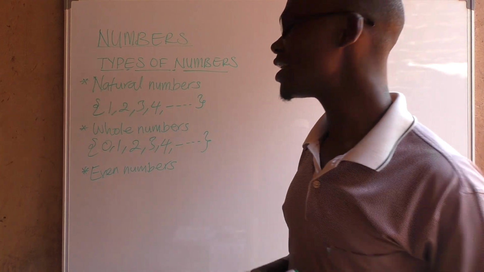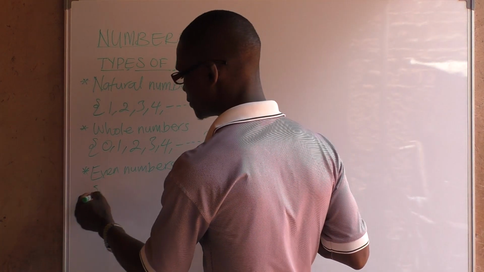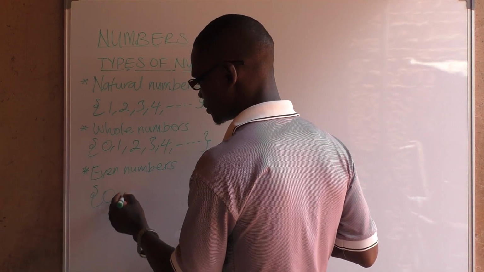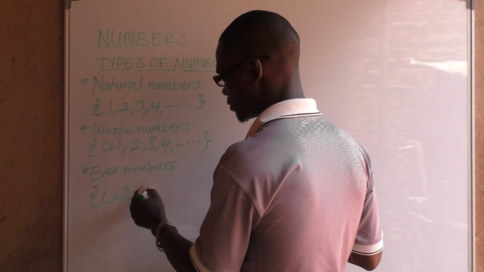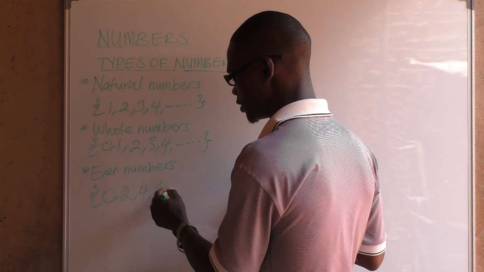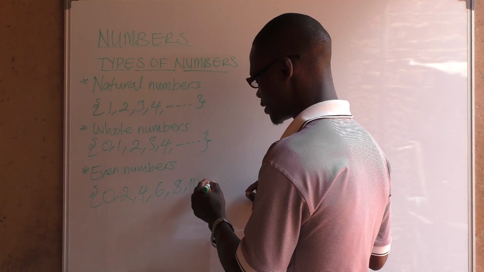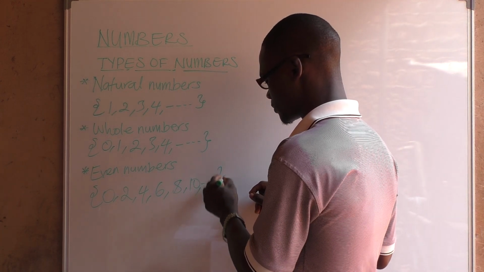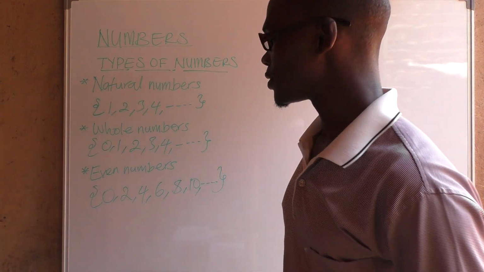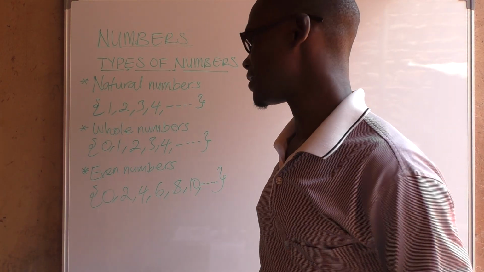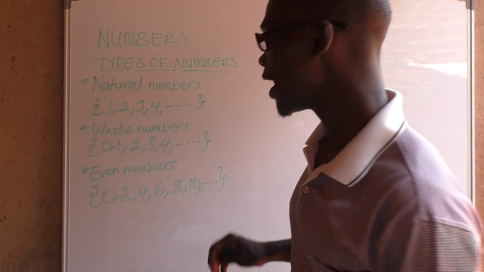So such numbers include 0, 2, 4, 6, 8, 10, and so on. Those are even numbers.